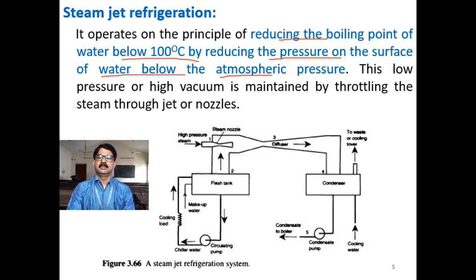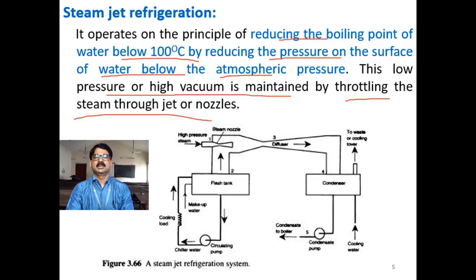Any pressure less than atmospheric is called vacuum. This low pressure or high vacuum is created by throttling the steam through a jet or nozzle.